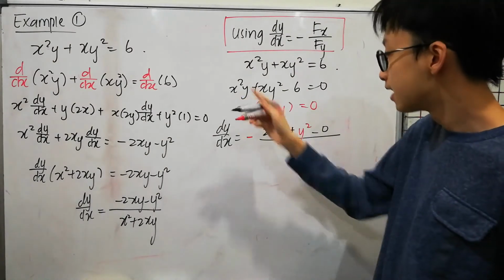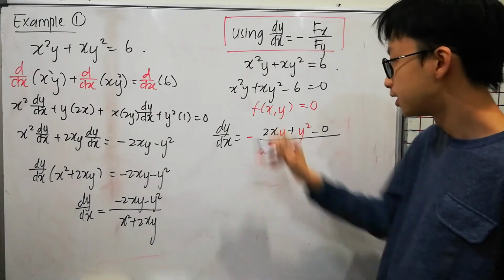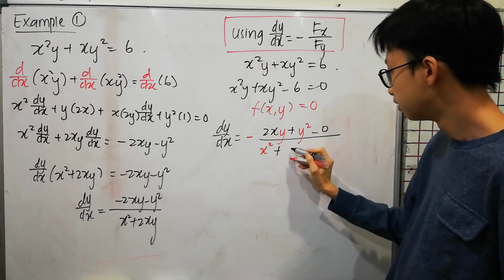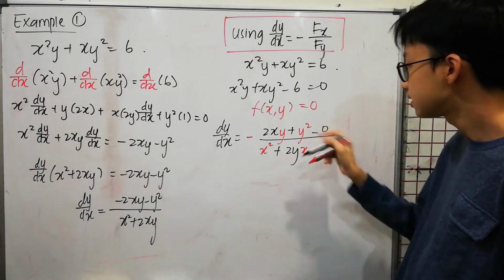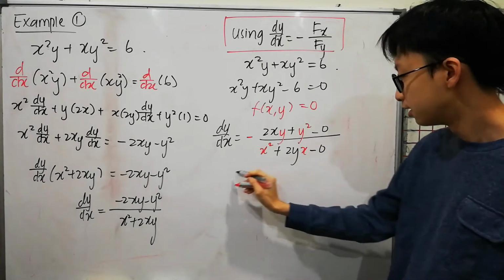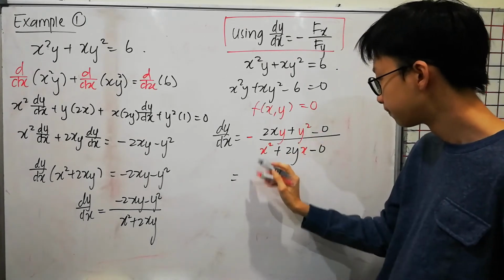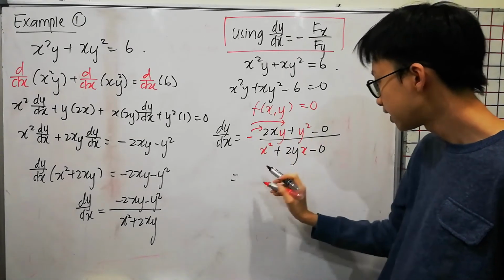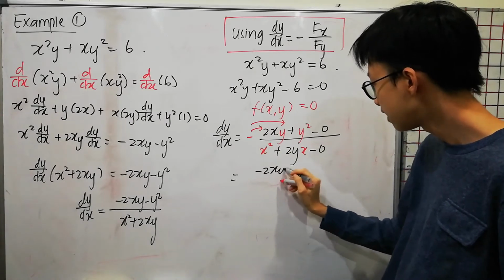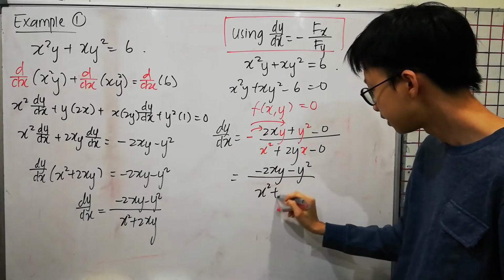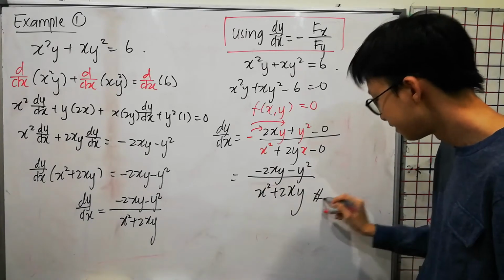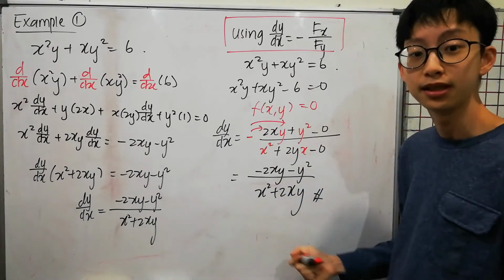So this time, x squared will be the constant, then plus 2y, then x is a constant, minus, this will become 0. Then you simplify it, you distribute the negative inside, we have negative 2xy minus y squared over x squared plus 2xy, and that's it. See, it's the same, isn't it?